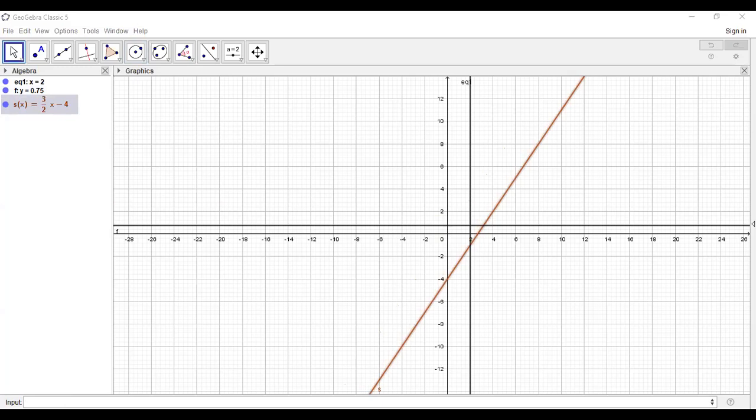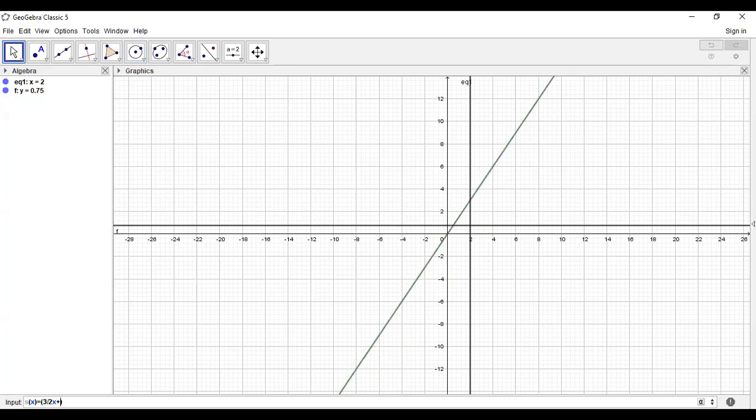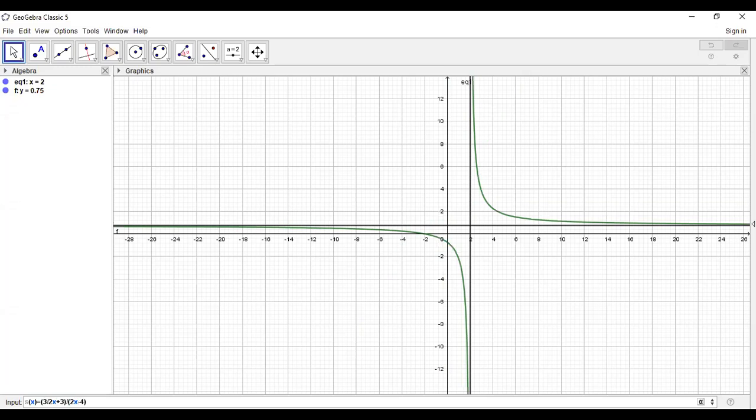Ayan, plus 3 pala. So we have S of x is equal to 3 over 2x plus 3, all over 2x minus 4.